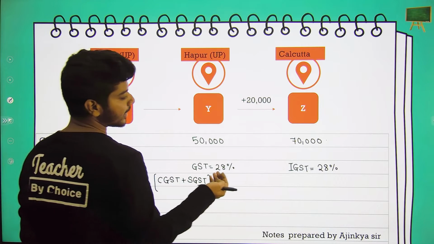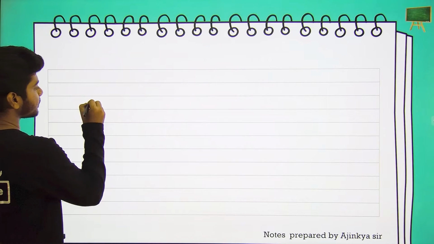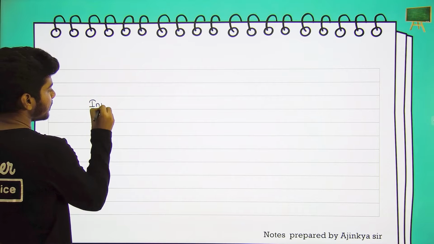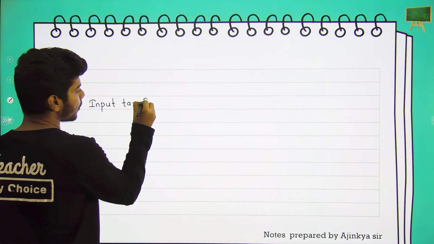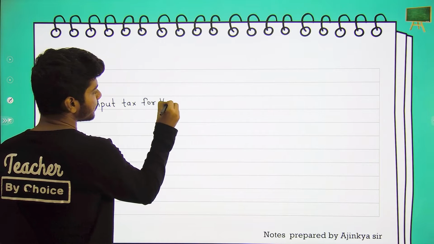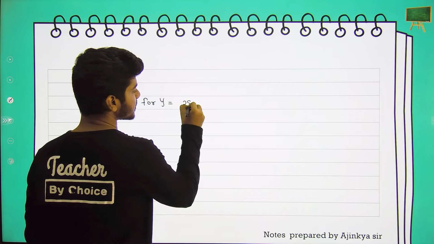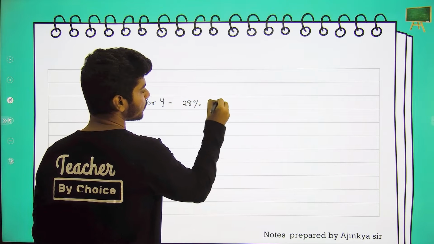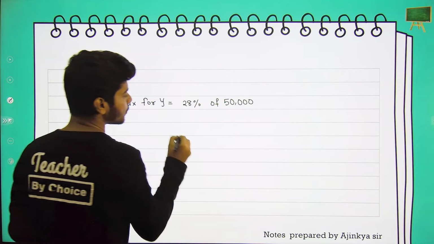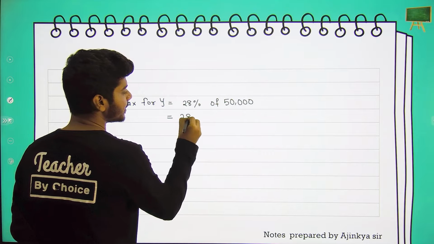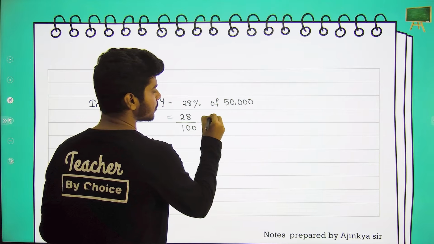Now we are calculating input tax for Y. Input tax for Y will be equal to 28% of 50,000. Which is 28 divided by 100 of, meaning multiplication, 50,000.